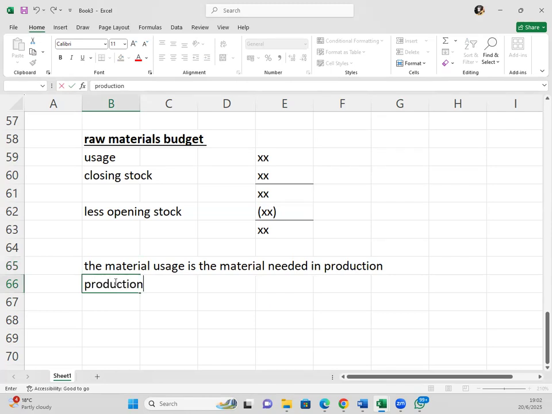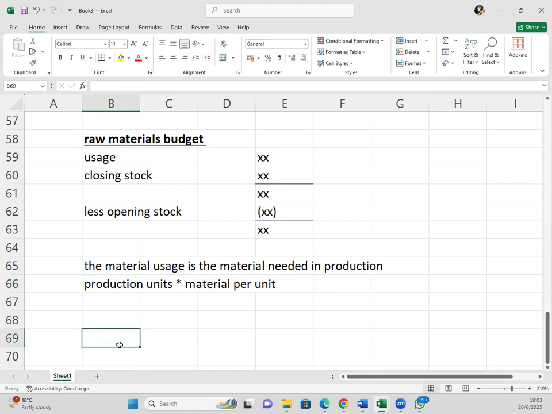We are going to say the production units times the material per unit.